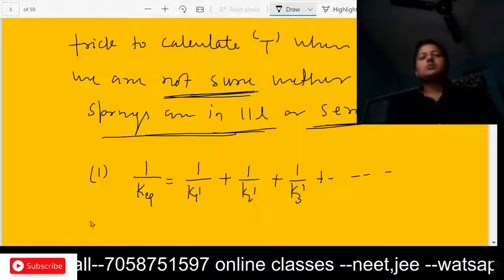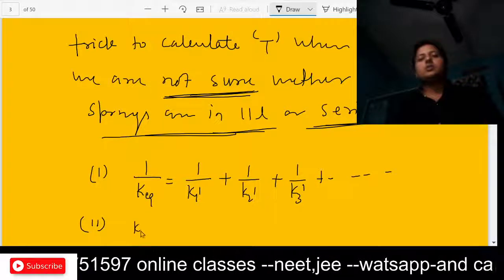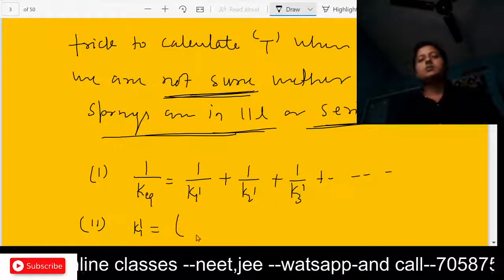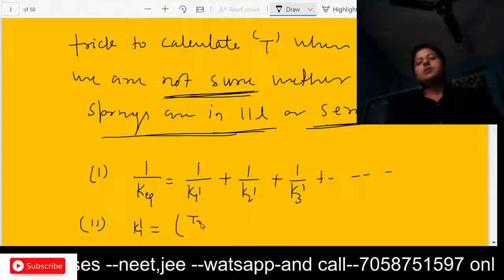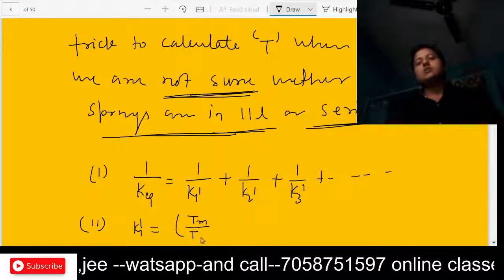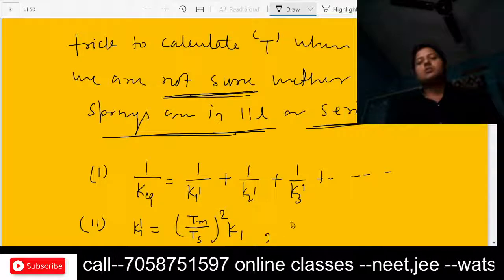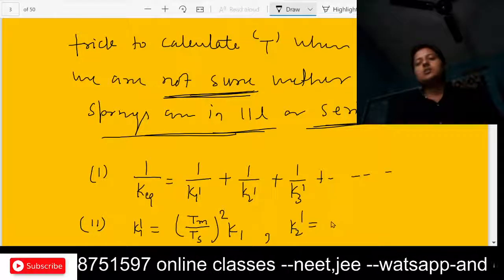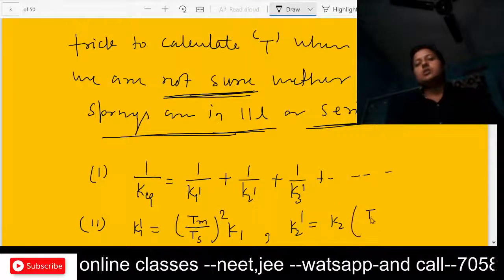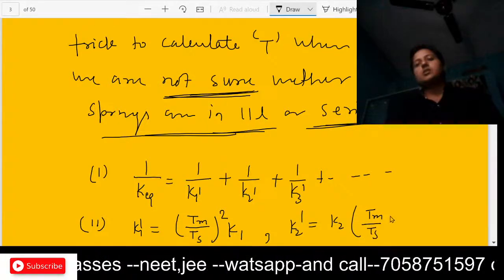And the second step is, what is k1 dash? k1 dash is k1 times (tension in mass over tension in spring) whole square. What is k2 dash? k2 dash is k2 times (tension in mass over tension in spring) whole square, and so on.